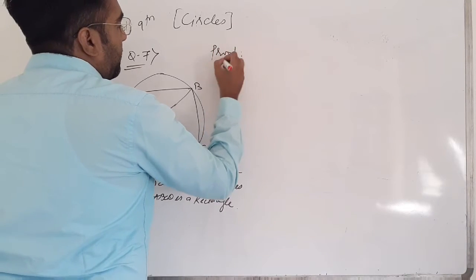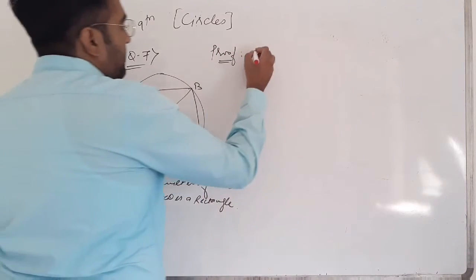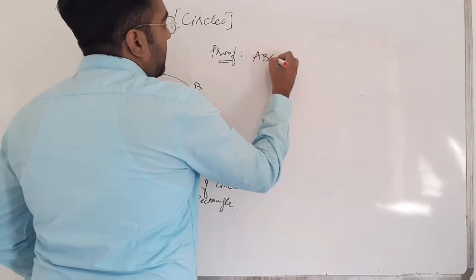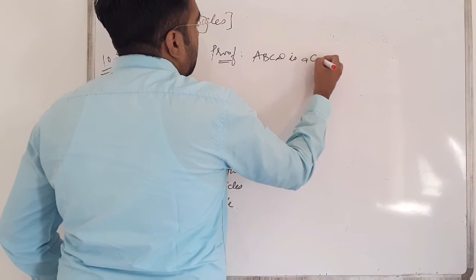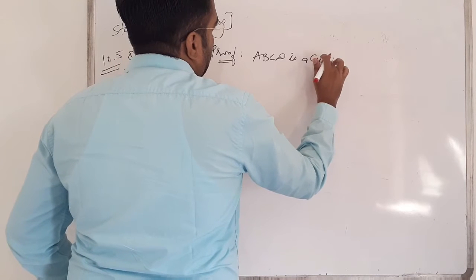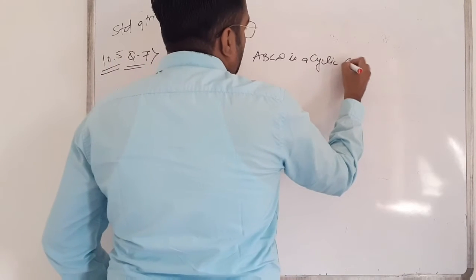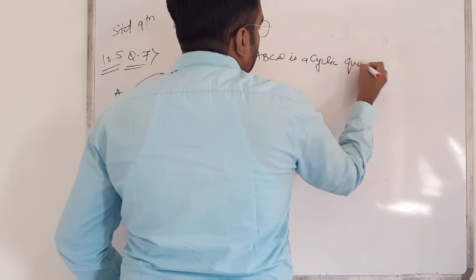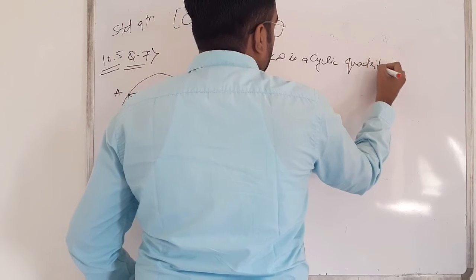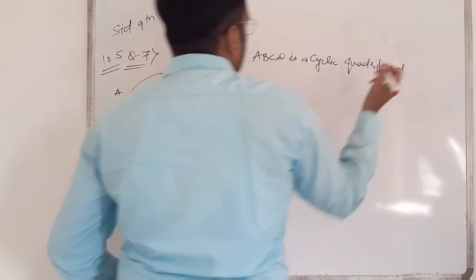In the proof, first of all we write that ABCD is a cyclic quadrilateral. Clear?